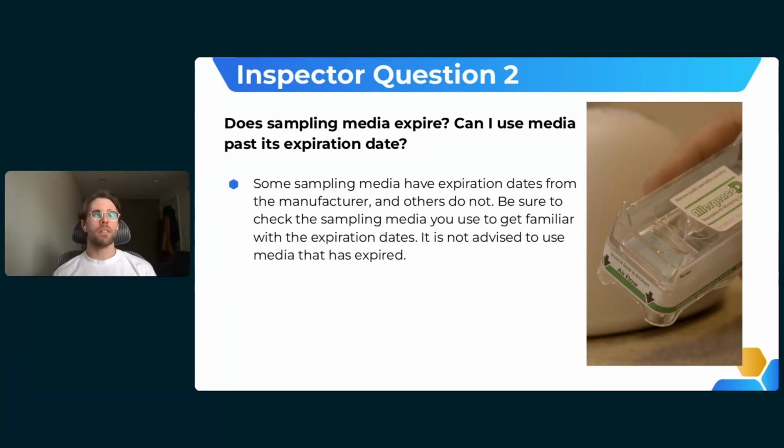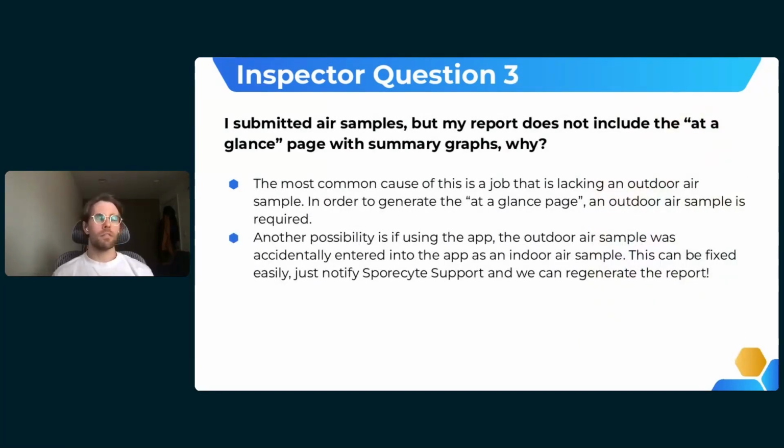But like I said, they're probably not as efficient at capture on an expired cassette as a fresh cassette. It's usually best to keep an eye on those things and only use cassettes or other sampling supplies that have not expired. That's certainly, just like if you're operating a professional kitchen, you probably want to make sure your ingredients aren't expired. Same here.